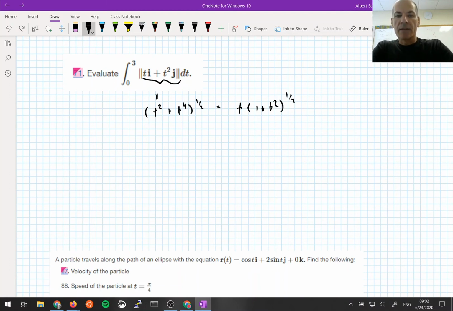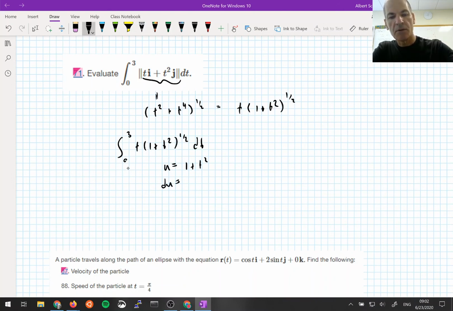So the integrand of this function is really just t times the square root of 1 plus t squared. And this is an integral that you know how to do. The integral of t times the square root of 1 plus t squared dt. I would use u substitution and let u equal 1 plus t squared.